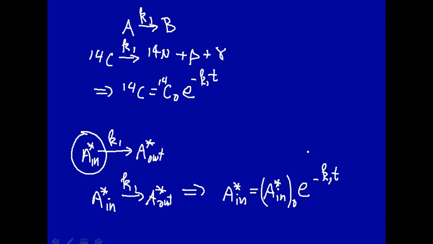And K1 here can be related to the membrane permeability. So if something is very permeable, you have a very large rate. So those are two examples of the unidirectional first-order reaction mechanism.